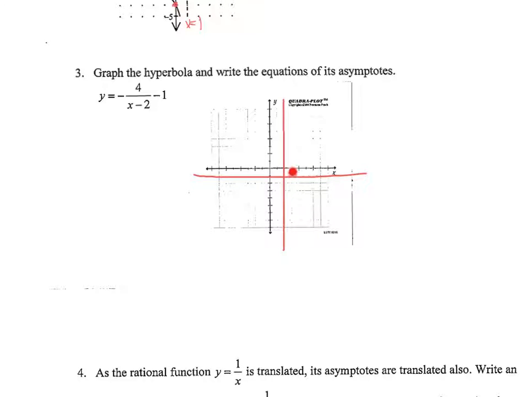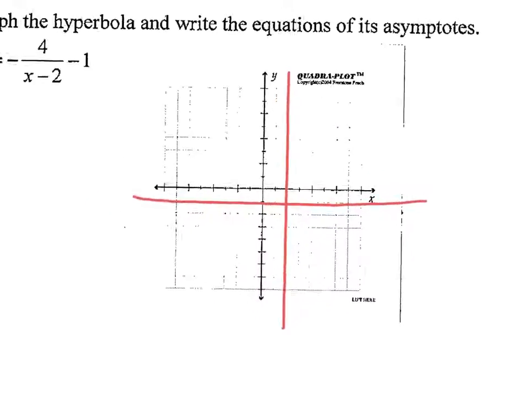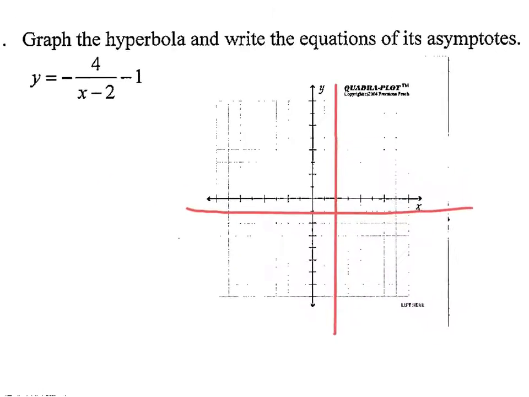Instead of going right 1 up 1, we want, let me zero in a little more. Instead of right 1 up 1, we need to do right 1, but instead of up 1, I have to go down for a reflection and stretch by 4.